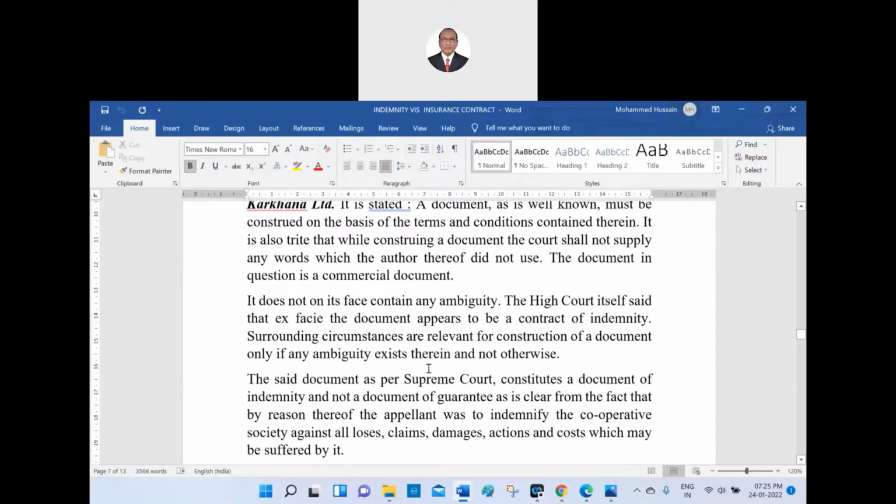The High Court itself said that ex facie, the document appears to be the contract of indemnity. Surrounding circumstances are relevant for construction of the document only if any ambiguity exists therein and not otherwise. If any ambiguity arises in the contract terms, circumstantial evidence would be taken as corroborative, then the meaning will be given as it is.